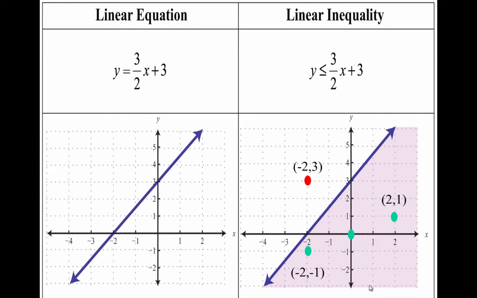The one on the top left is an invalid solution, and I put it in red, of course, which means that this is not one for it, so that means that we will shade on the bottom of the line. That's called the test point method.